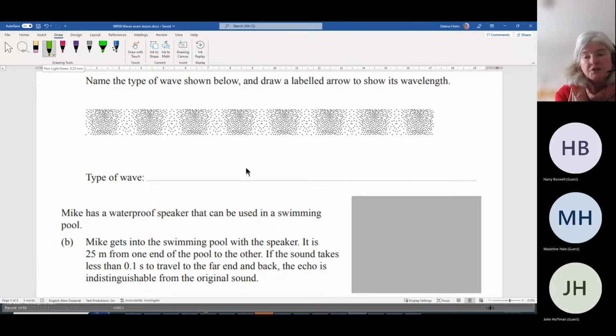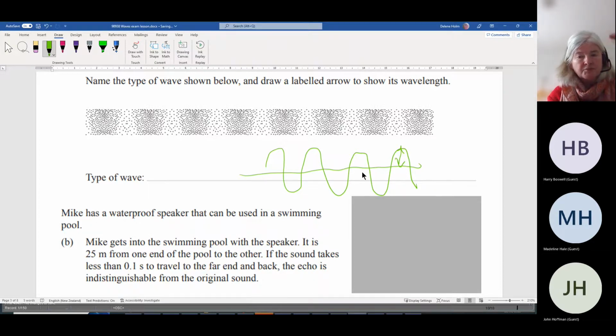Transverse has an amplitude you can see. So a transverse wave will always be this sort of thing, because then it's very easy to see the amplitude, because the particles are bobbing up and down. The more they bob up and down, the bigger the amplitude.